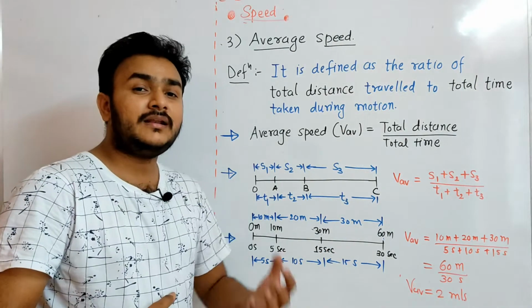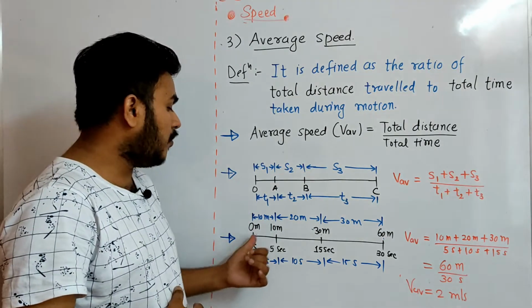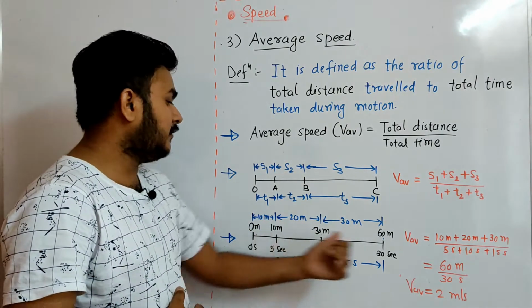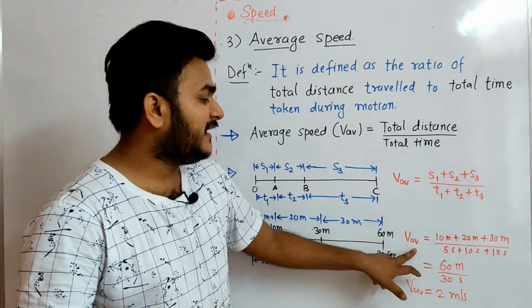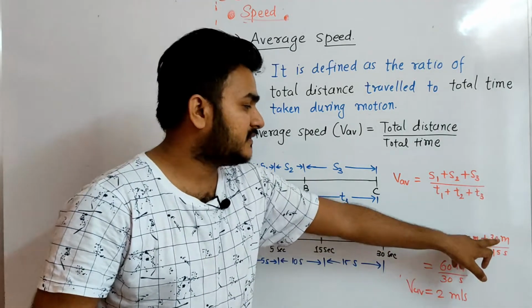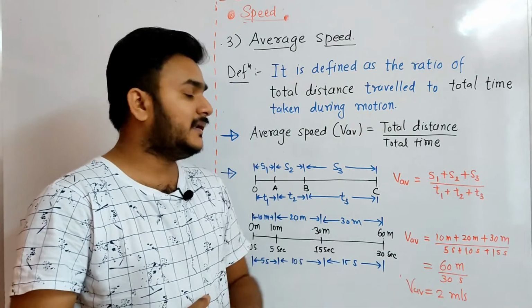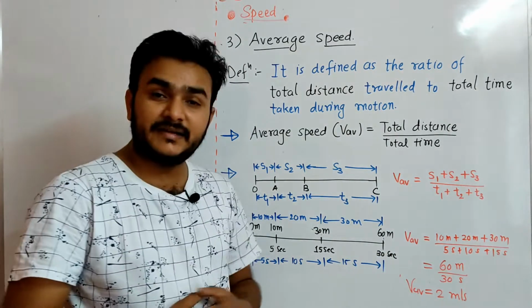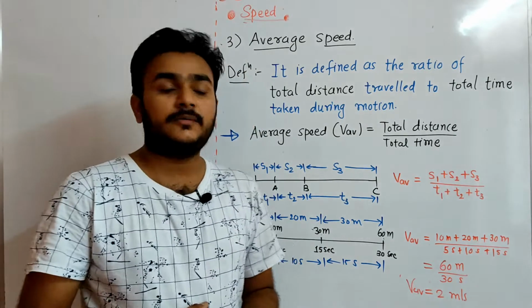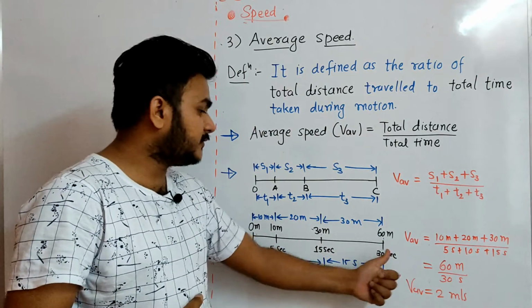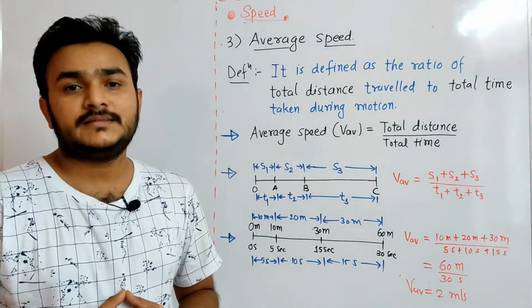So what is the average speed of the journey from 0 meter to 60 meter? It is given by VAV: 10 meter plus 20 plus 30 meter divided by 5 plus 10 plus 15 seconds. So ultimately it will be 60 meter divided by 30 seconds. So the average speed of the journey from this point to this point will be 2 meter per second.